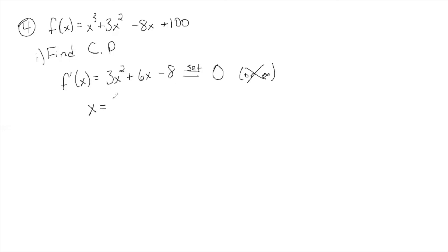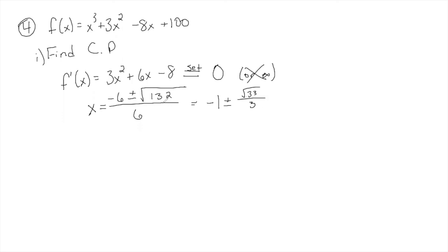But it ends up giving solutions of this, which simplifies to something which is a little bit nicer to deal with. -1 plus or minus square root of 33 over 3.